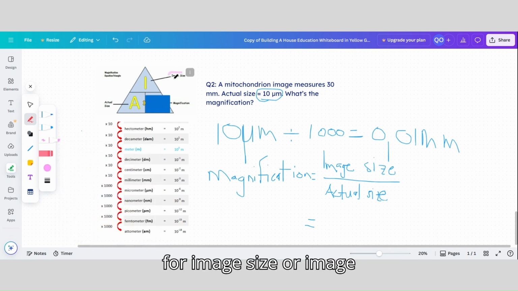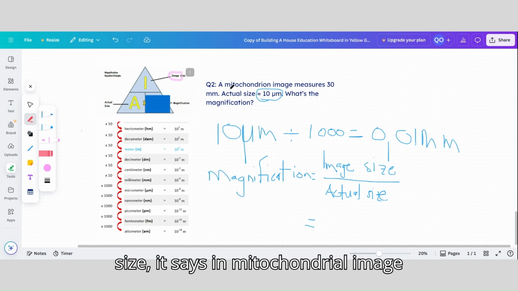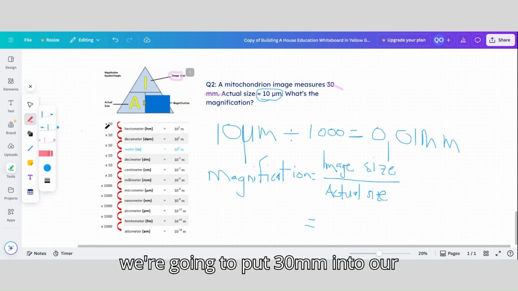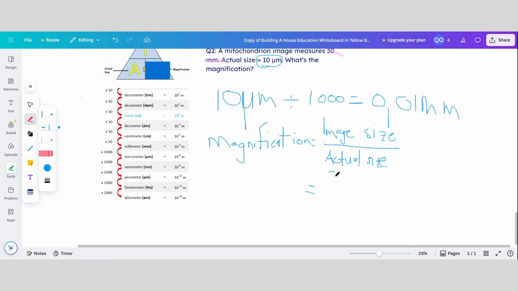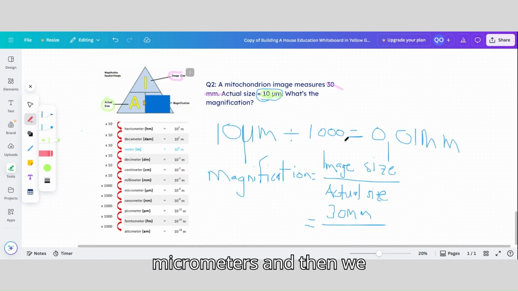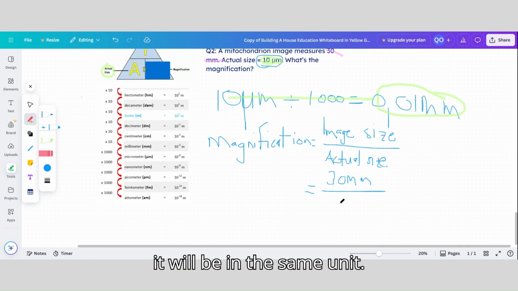Okay, so for our image size, it says a mitochondrial image measures 30 millimeters. So we're going to put 30 millimeters into our image size. And then for our actual size, the actual size is 10 micrometers, and then we converted it into millimeters so that it will be in the same units.